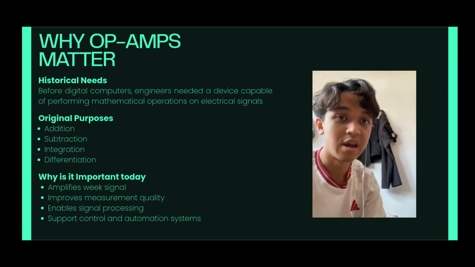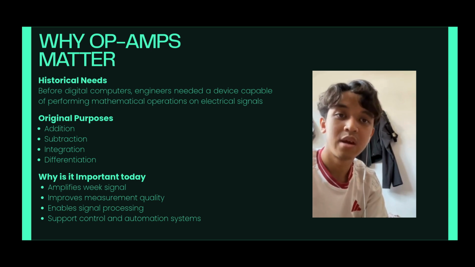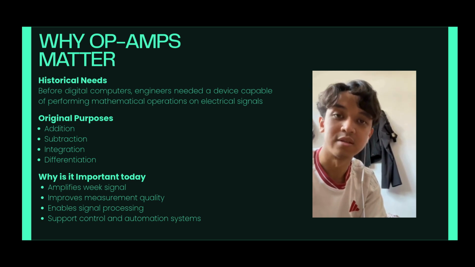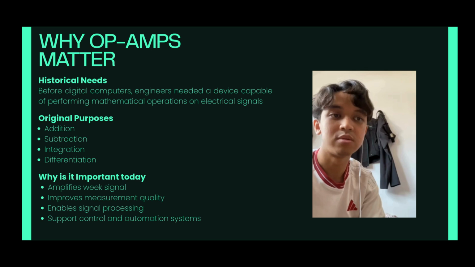Secondly, they improve measurement quality by filtering out unwanted electrical noise. Third, they enable advanced signal processing, allowing us to shape and filter audio, radio, and video signals. Fourth, they support control and automation systems, acting as the bridge between raw analog sensors and physical actuators in industrial machinery and automated systems.